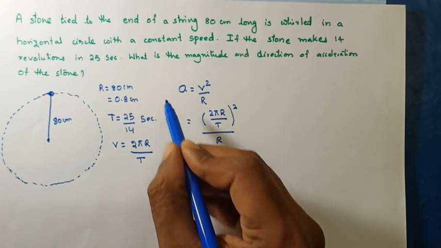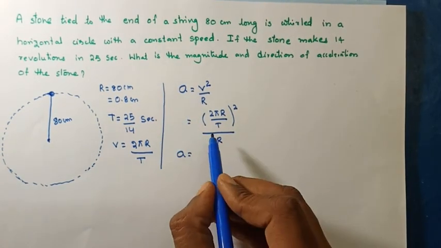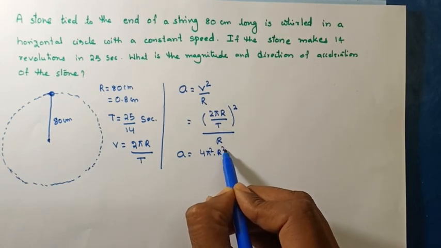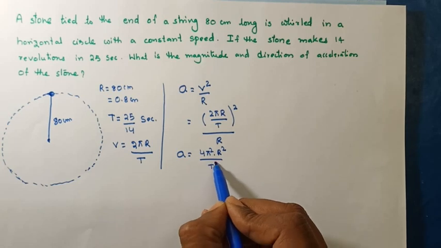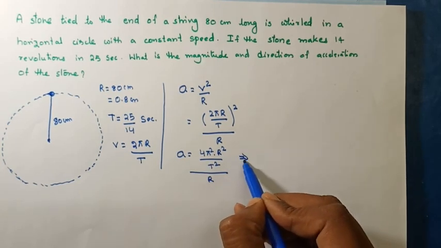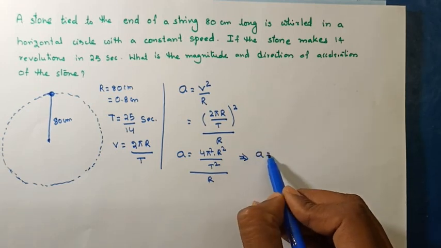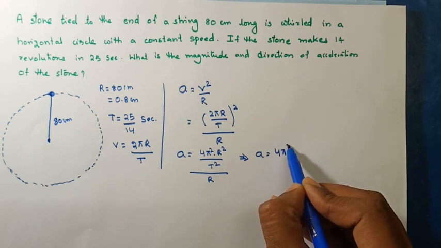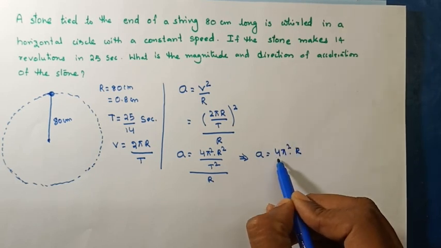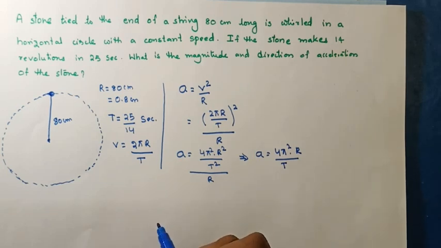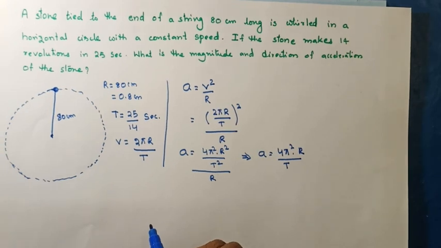A is equal to 4 pi square r square by t square r. Now the acceleration is equal to 4 pi square r by t square, right?